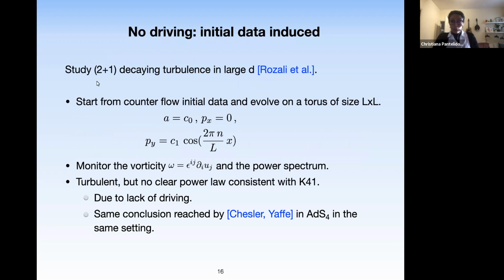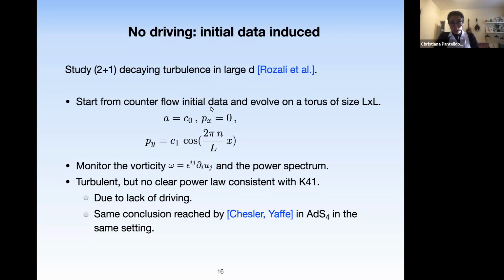They started with a particular kind of initial conditions that was unstable towards turbulence, namely the so-called counterflow initial data, which essentially boil down to this. You take your energy density being constant, the momentum in the x direction being 0, and the momentum in the y direction depending on x in this particular way.